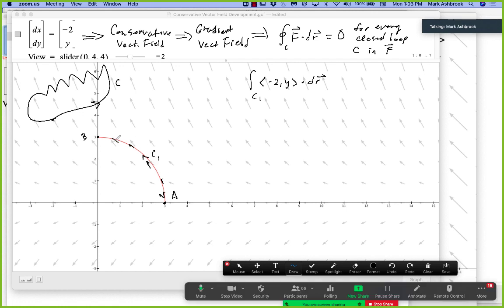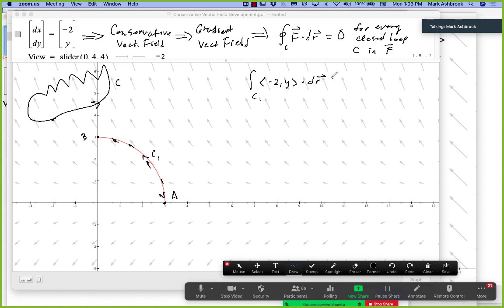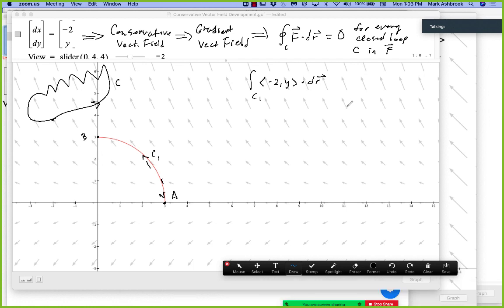And so we're going to accumulate along that path, and you have components of the vectors pointing in the direction of the path, therefore positive. And we've done those kinds of exercises before.